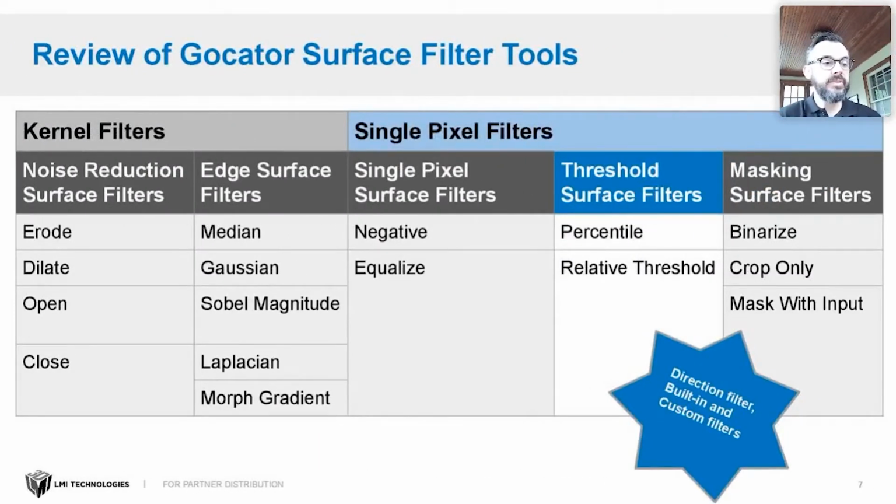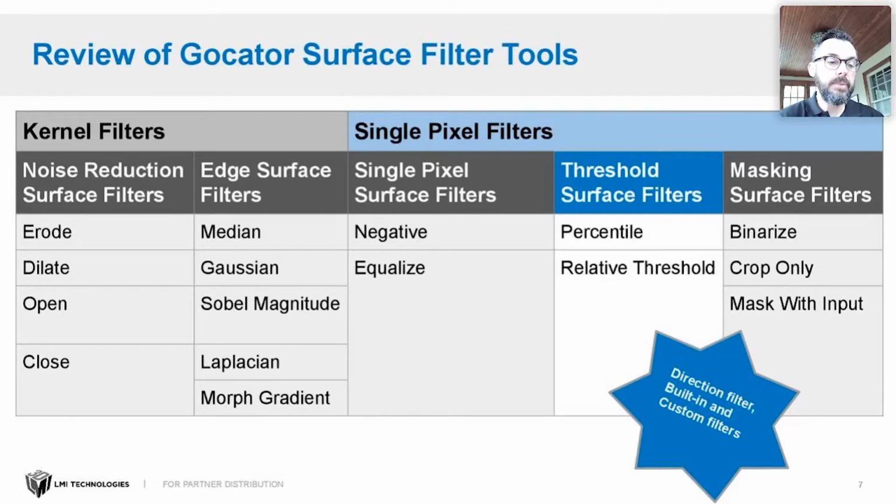Okay, so this is a bit of an overview of some of the different filters that we have in the Gocator tool set, and they've been divided into a couple categories here. So the kernel filters to the left, these are some of the ones that we covered in the last session back in February. But what we want to talk about today is some examples of these single pixel filters, specifically threshold filters.